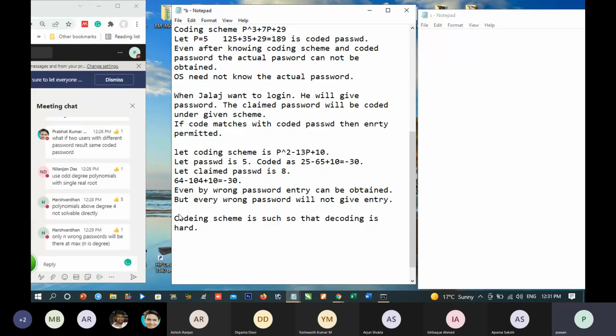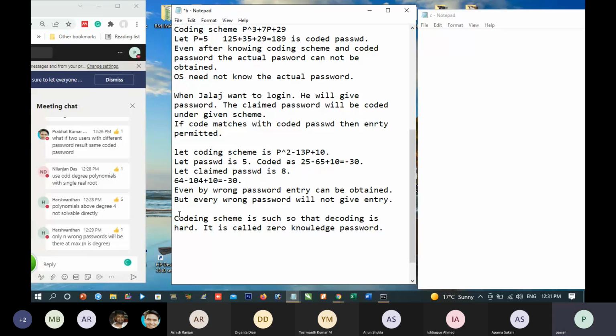A person has to make many hit and trials. Is this clear to you? It is called a zero knowledge password. Is it clear to you?